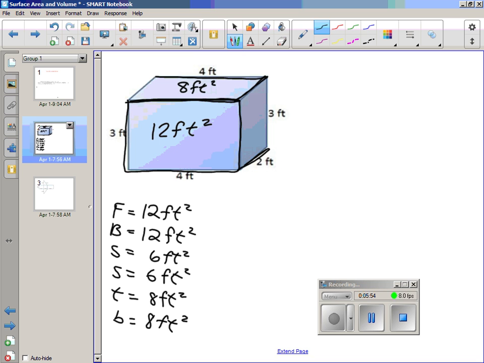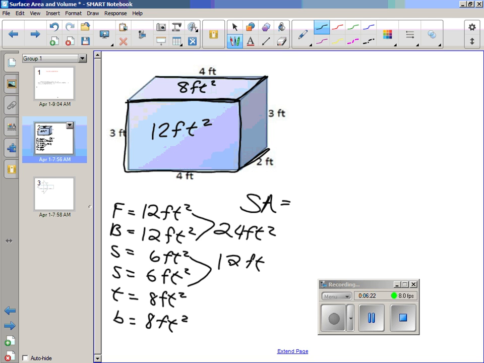Okay? So we can combine these and add them all together, and we'd find the total square footage, or the surface area of this shape. So 12 plus 12 is? 24. Grand total of 24 here. Plus 12, and then we have a grand total of 12 here, plus 12 feet squared.